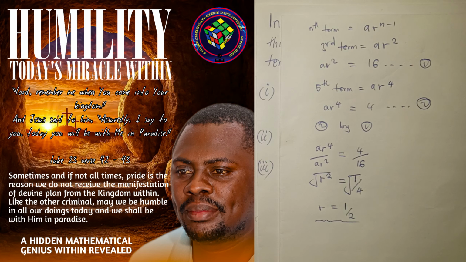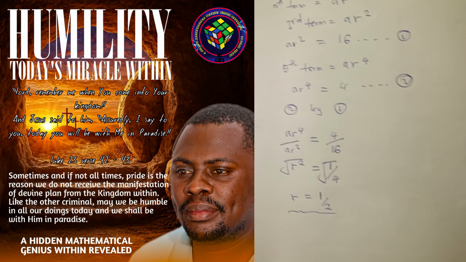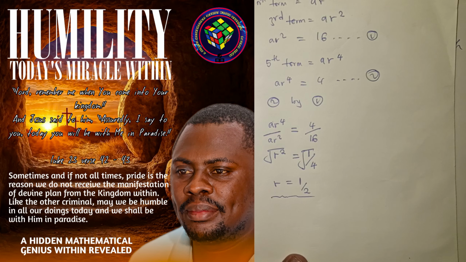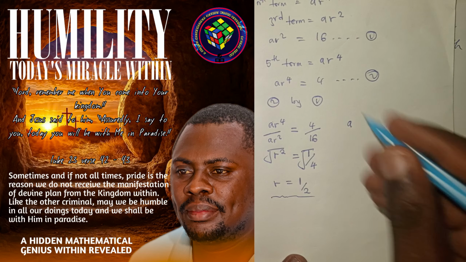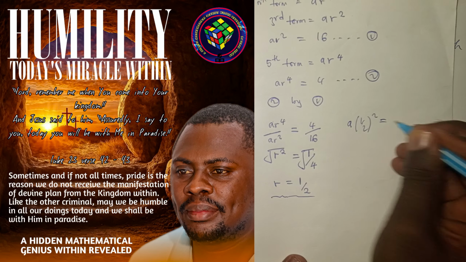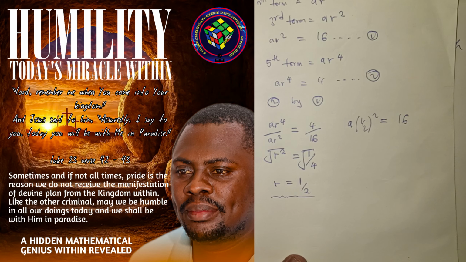Then we can solve for a, either using equation 1 or equation 2. Where there is r, we are going to put 1 over 2. Let us use equation 1. In equation 1, we have a, r is 1 over 2 squared, equal to 16.